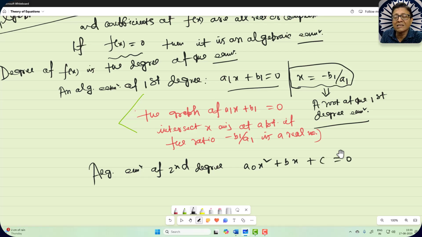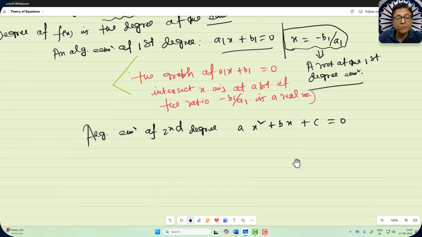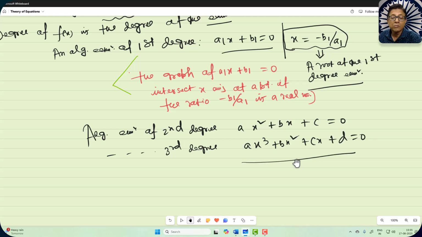You can write ax square plus bx plus c equal to 0. This is basically a quadratic equation. Algebraic equation of third degree will be of the form ax cube plus bx square plus cx plus d equal to 0.